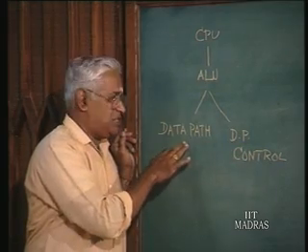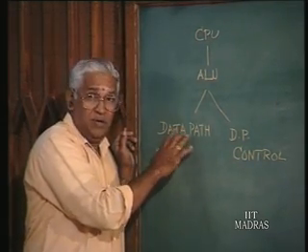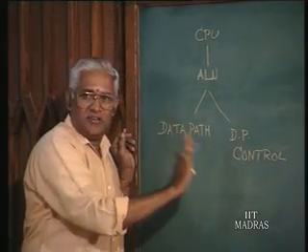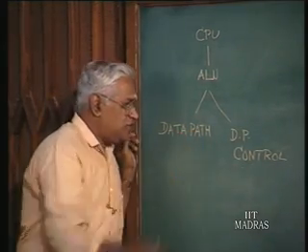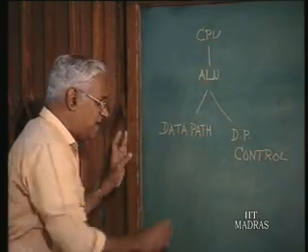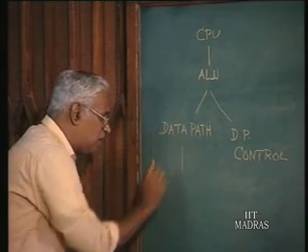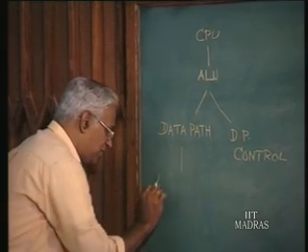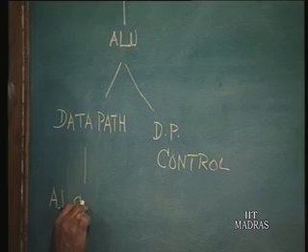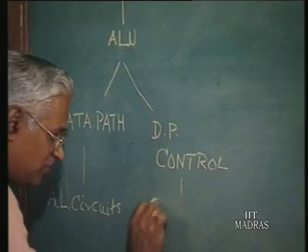For another instruction it will be a different path, maybe even the same path, and different control signals certainly. Okay. So, essentially the CPU design boils down to data path, which we may just put as arithmetic logic circuitry, that is arithmetic logic circuits, and then we talk about the control circuits here.